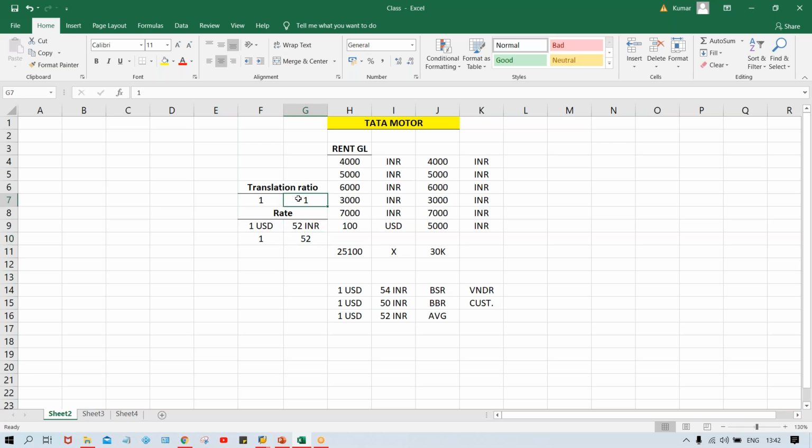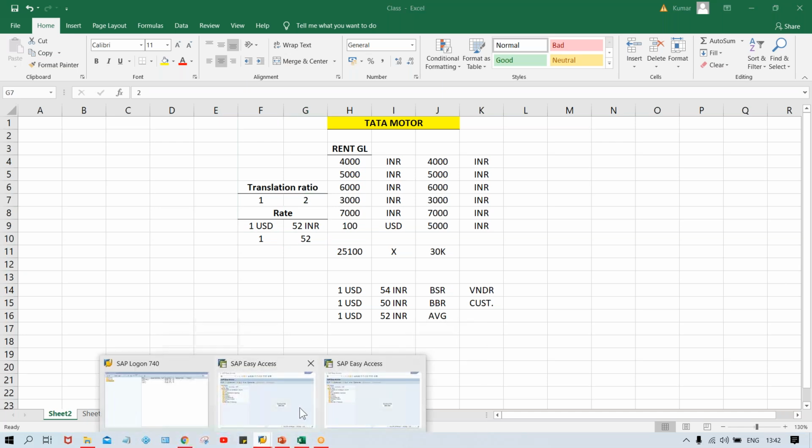If there is a 1:2 relationship between these two currencies, then if you post 1 USD, how does the system convert into local currency? So 1 multiplied by 1, so 1 USD equals 52 multiplied by 2. So it is going to be 104.